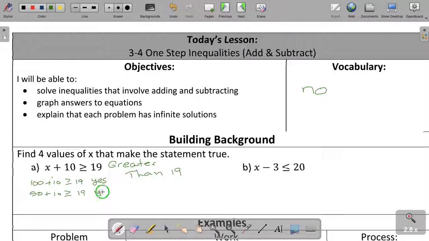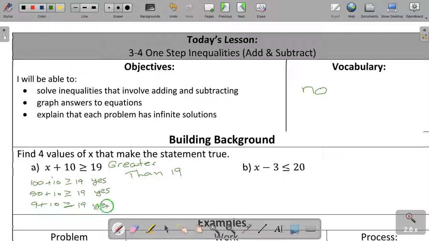Yes, it is. I can put 50 in there. How about 9? Is 9 plus 10 greater than or equal to 19? 9 plus 10, that's 19. Is 19 bigger than or equal to 19? The fact that we said equal here means it's true.